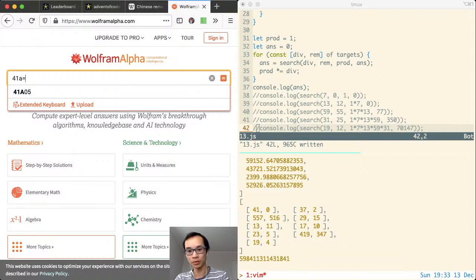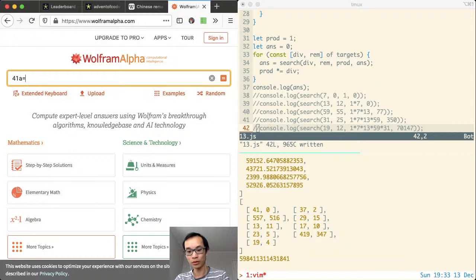41a equals 37b plus 2 equals 557c plus 516 equals 29d plus 15 equals 13f plus 11.